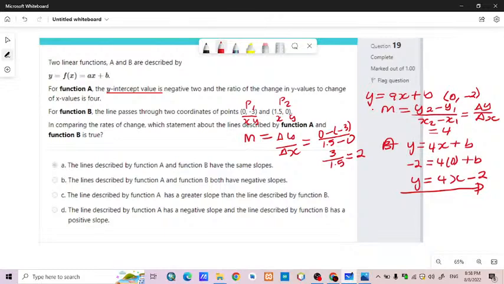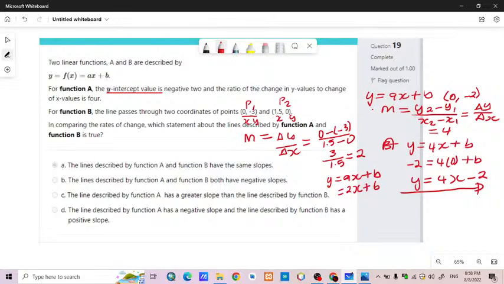Once you have this, you can determine the equation for function b as well. You just take one of the 2 points, you can take any of the two, and then you substitute just like we did here. The standard formula is y equals ax plus b. We know that our gradient is 2, so we substitute 2 instead of a.